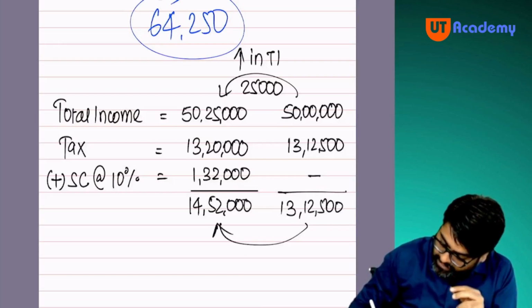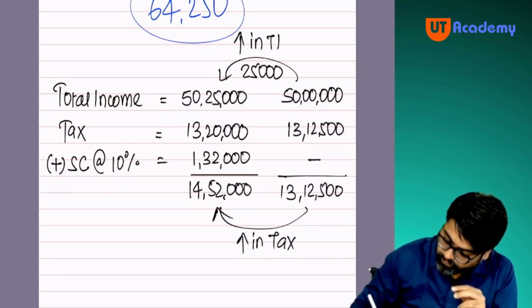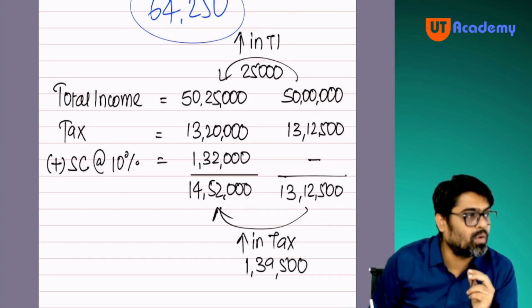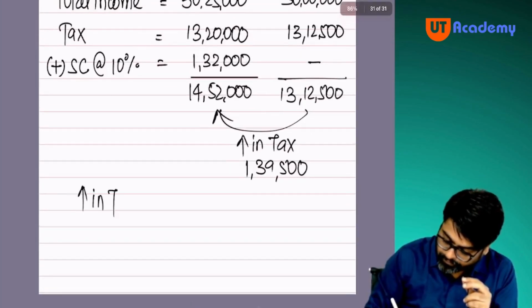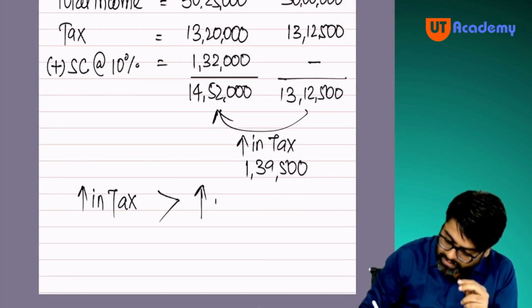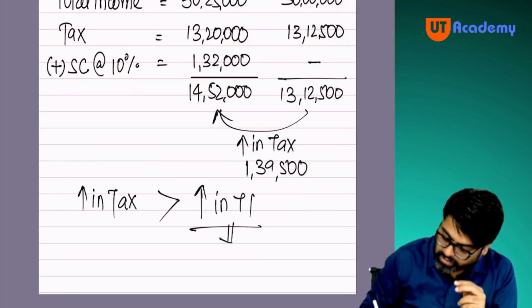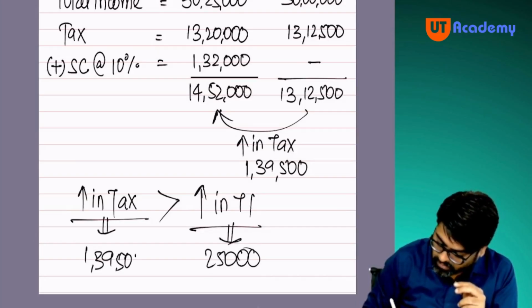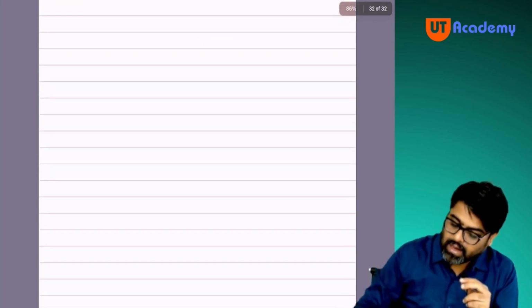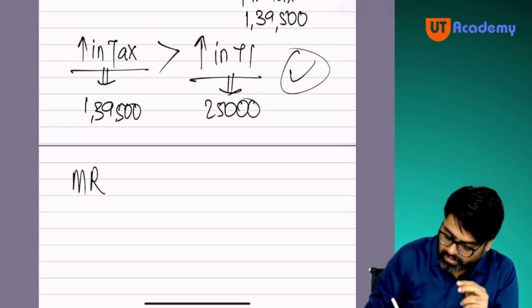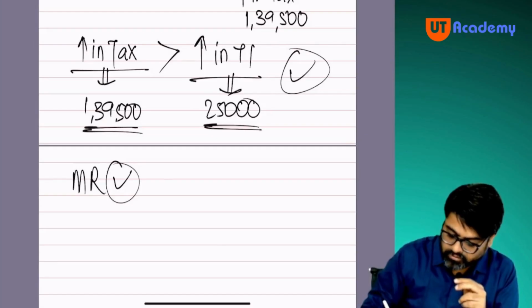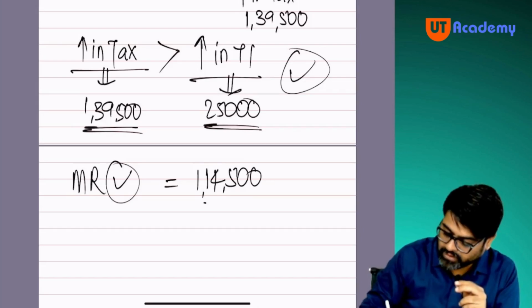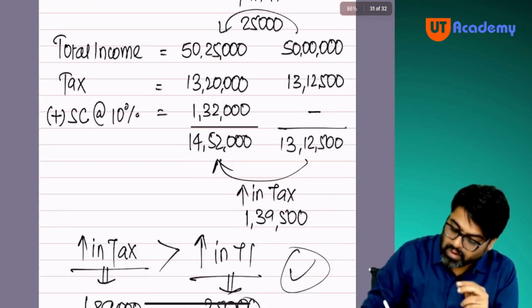Can I say there is an increase in tax by how much? 1,39,500. Ayyo, the increase in tax is more than the increase in total income. Total income is increasing by how much? But your tax is increasing by how much? 1,39,500. Yes or no? Are you eligible to get marginal relief? How much? This minus this. Tell me. 1 lakh?